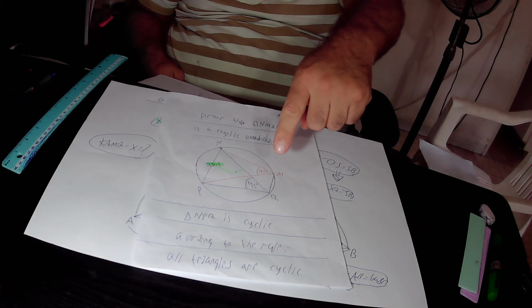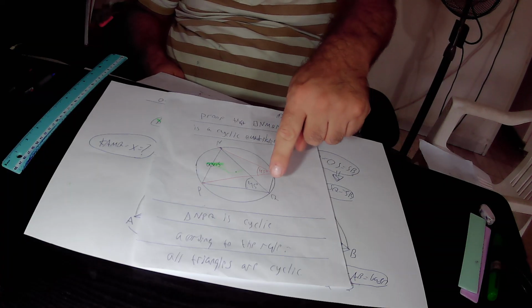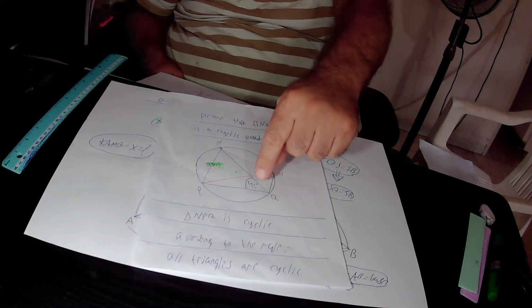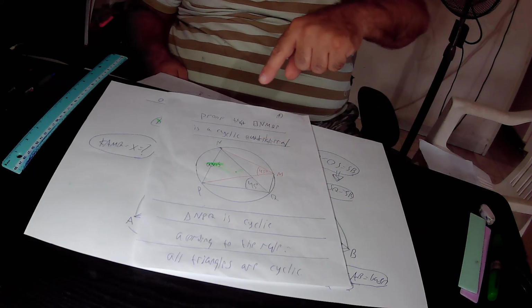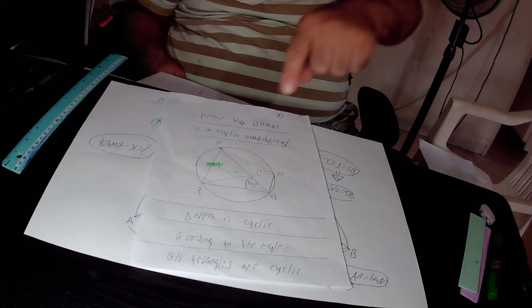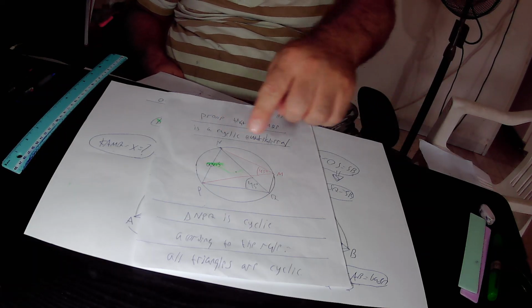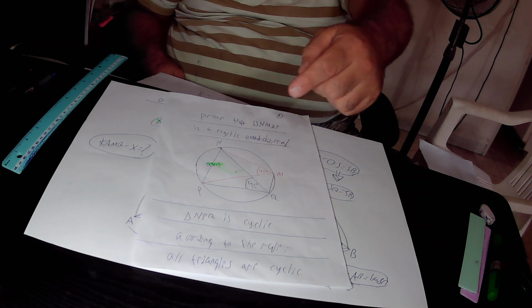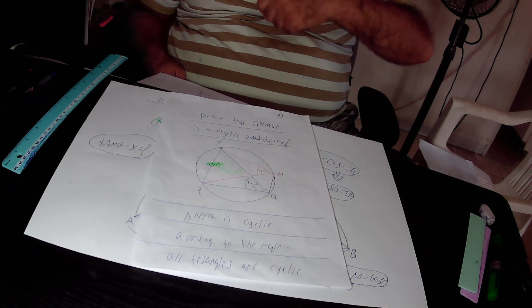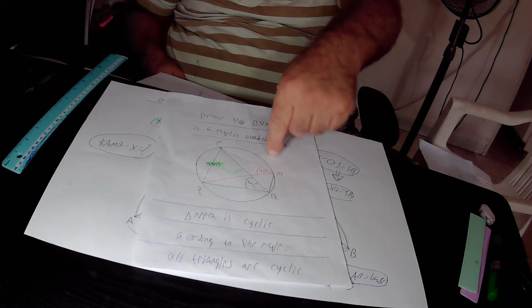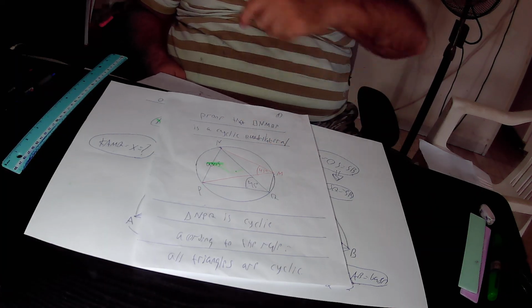In this way, by rotating the vertex Q around this circle without changing its size, that is 45 degrees, and PN doesn't move, we get infinite angles that all lie on chord PN, and each of them is equal to 45 degrees, because we will not change the size of the angle when we're moving it around this circle.